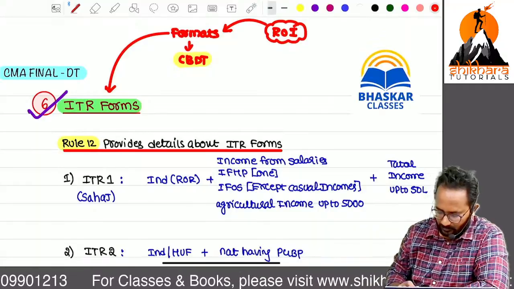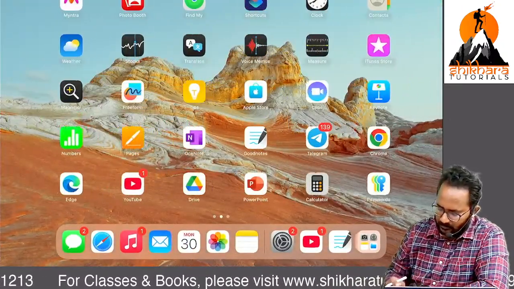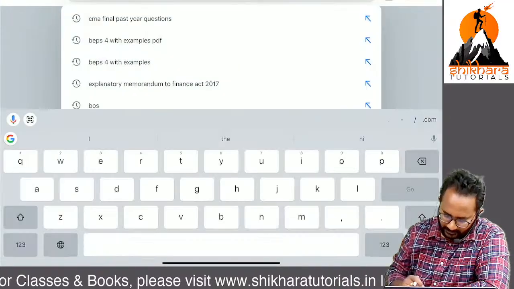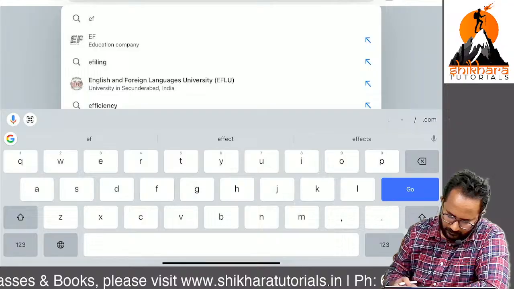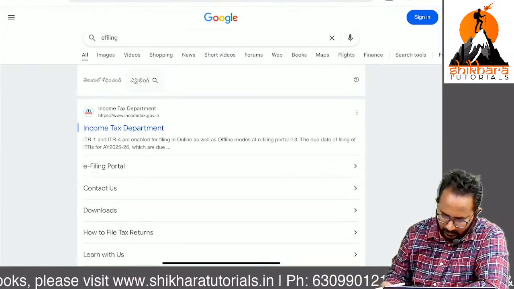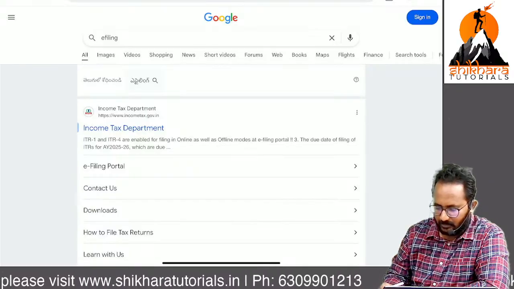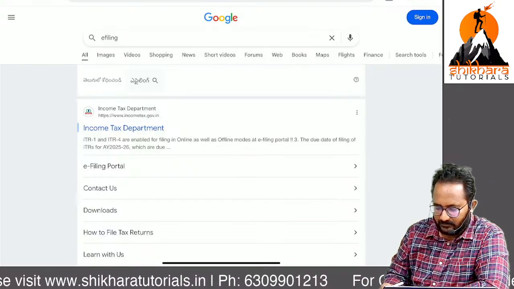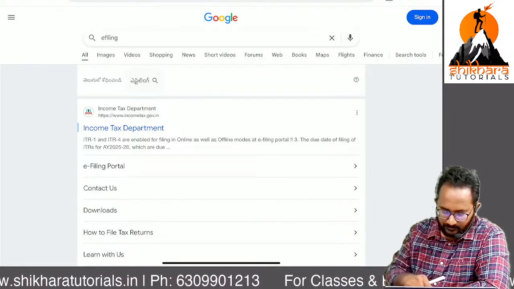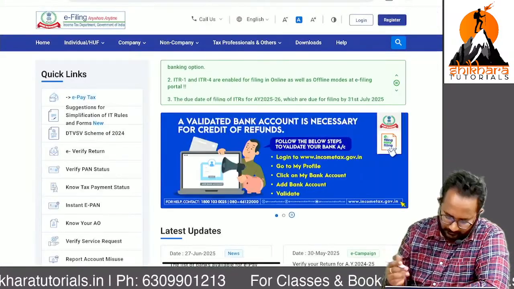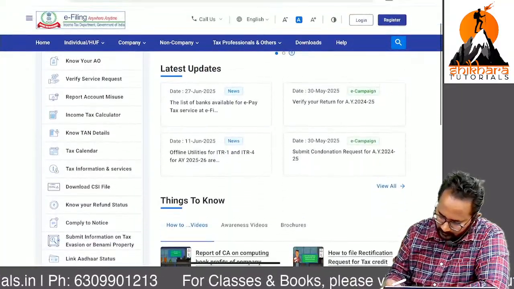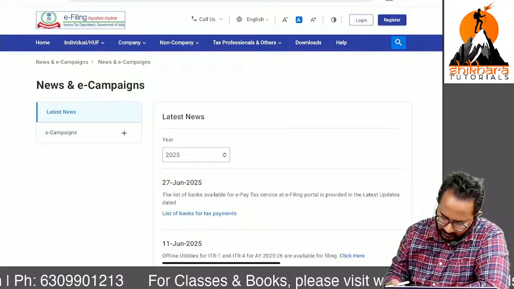Now let us go to the income tax e-filing website, if any PDF is available. The income tax website will not work if any external device is connected, like a TV or system.